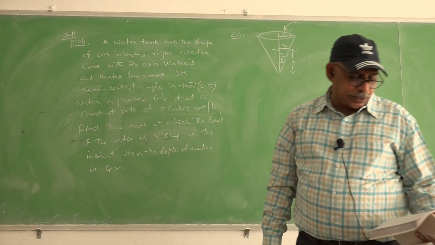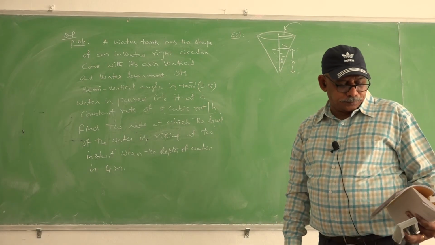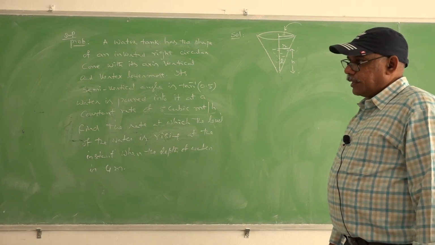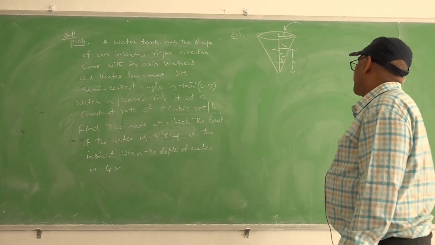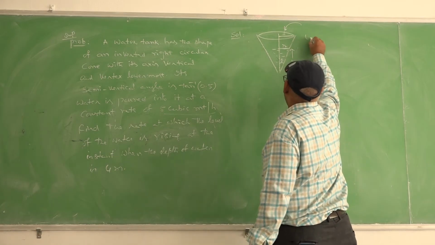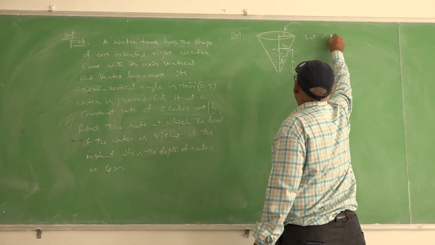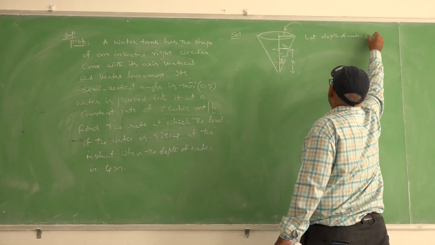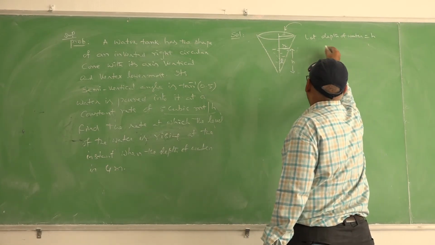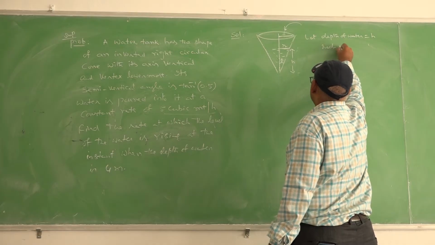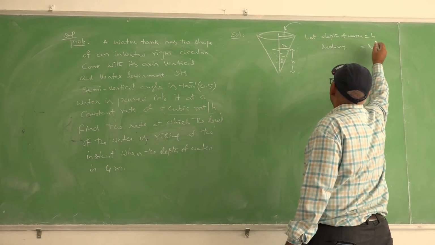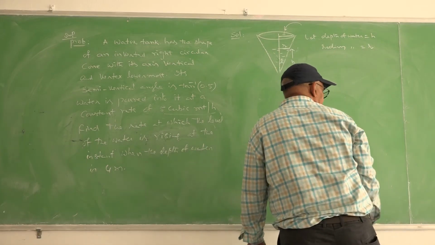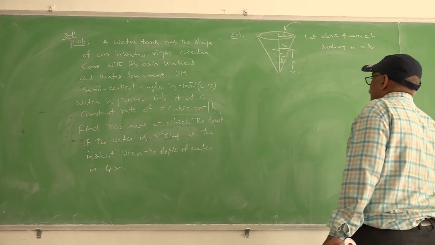The volume of the water is considered as V. Let the depth of water be h, which is a variable, and the radius be R. That is the depth of the water and the radius of the water surface.